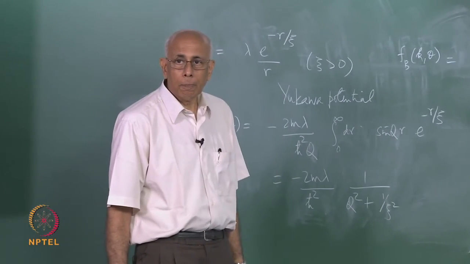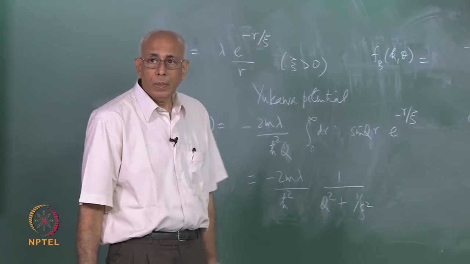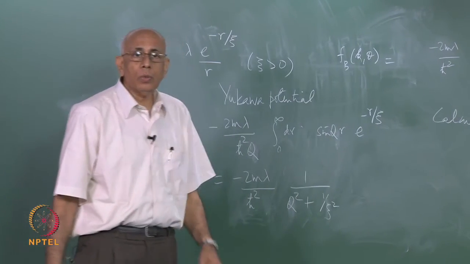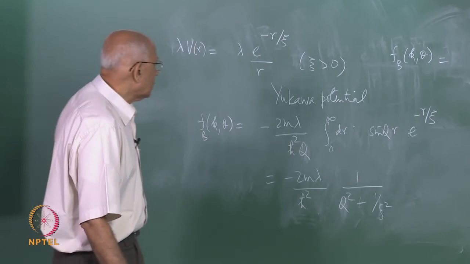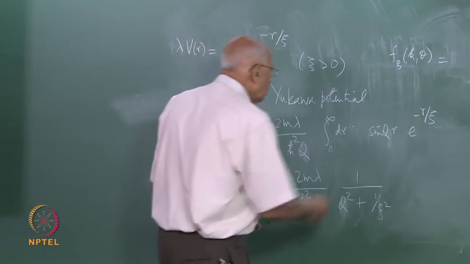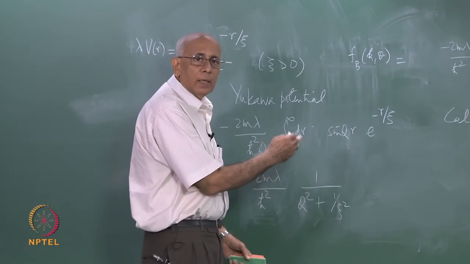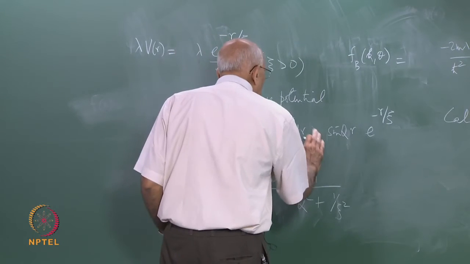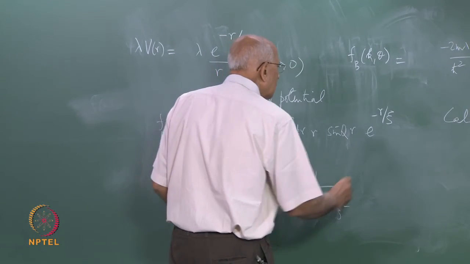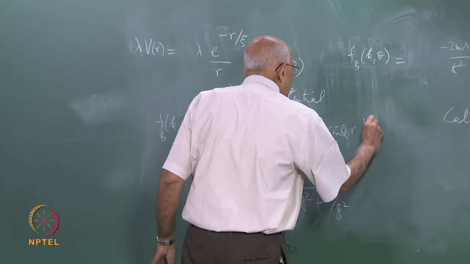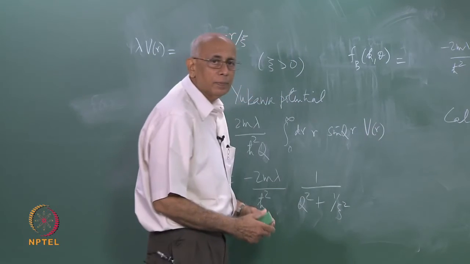Now we can do a little more. We can actually do what the Coulomb potential does, and that is a little tricky. Suppose I had the Coulomb potential, what was this integral actually? This was equal to the integral dr, there was an r here and a V of r in general.